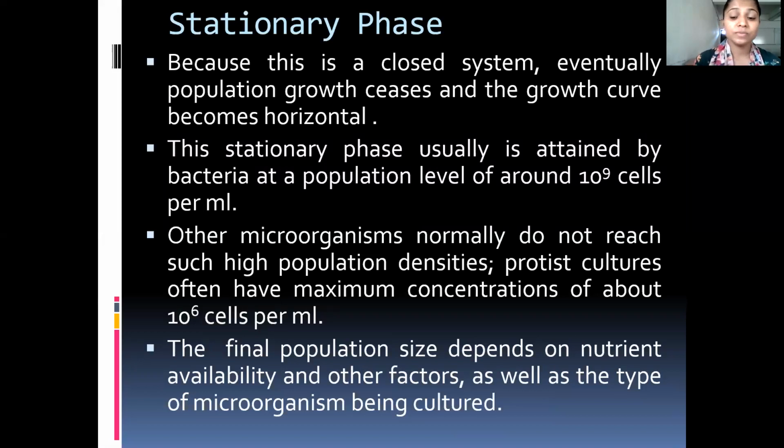Other microorganisms normally do not reach such a high population density. Protist cultures often have maximum cell densities of about 10⁶ cells per ml. So finally, population size depends on the nutrient availability and other factors, as well as the type of microorganism being cultured.